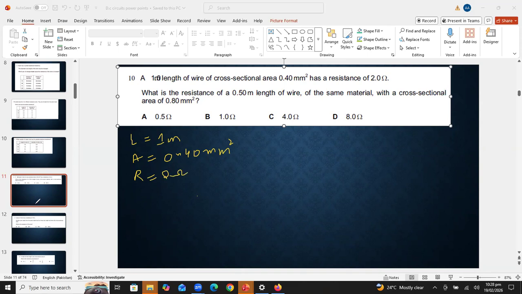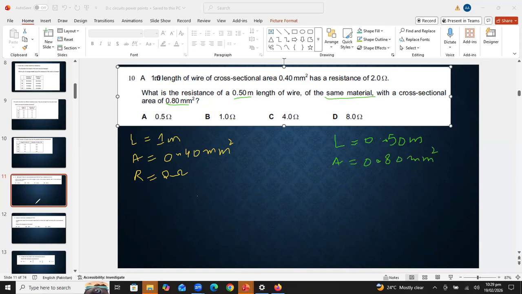Now they are asking what is the resistance of 0.50 meter length of wire. There is one more wire and it is made of the same material. Same material means, students, resistivity will be the same, and the cross sectional area is given as 0.80 millimeter square.